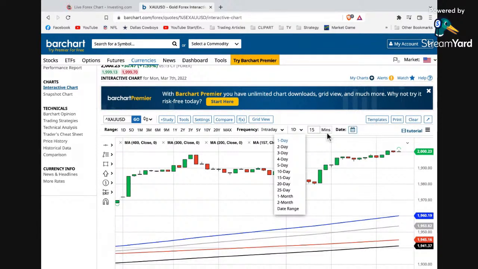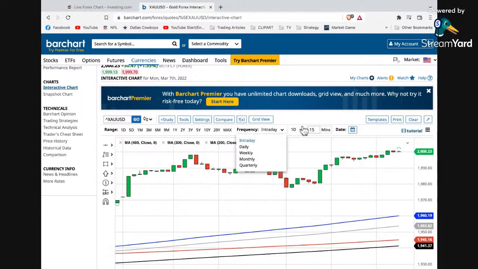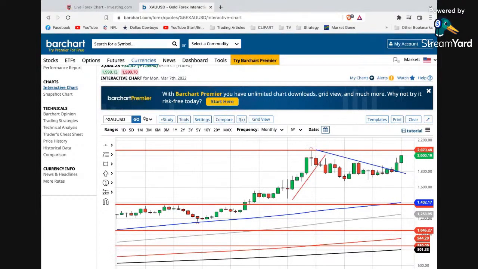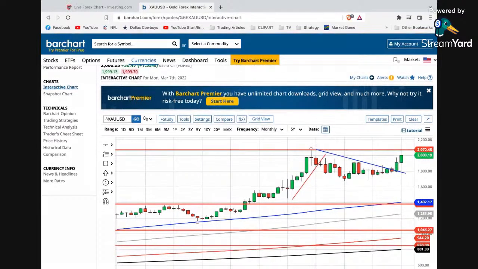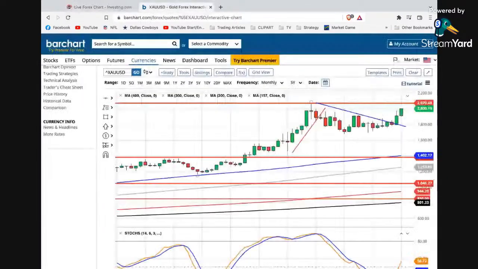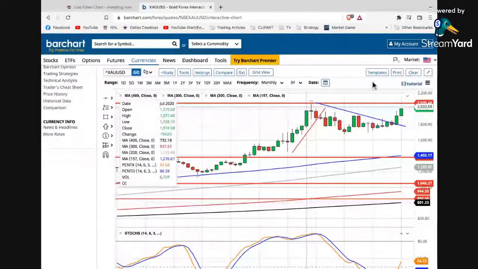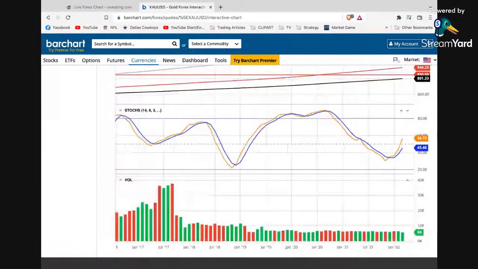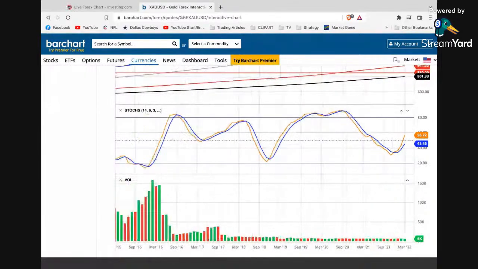Let's see. Let me look at a monthly just to give you some perspective. Let me see if this other page is... crap. No go. So let me see if I can show the whole thing.